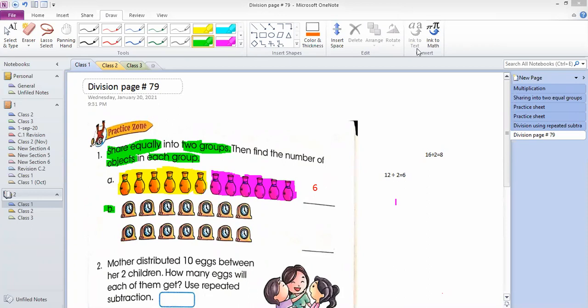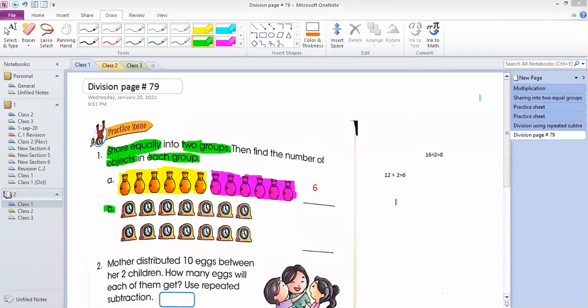Okay, let me ask one more student. Yusuf, can you hear me? Yes, sir. Yes, Yusuf. We need to divide these clocks into two equal groups. How will you do it?